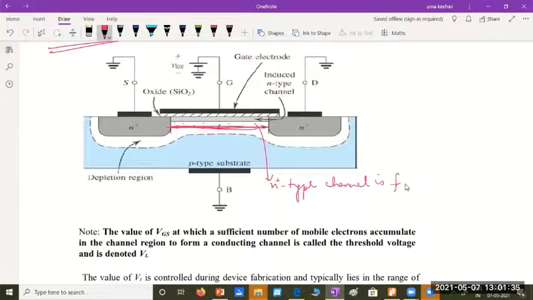When is it formed? When plus VGS is given. When we give a positive voltage between the gate and the source, or the gate is connected to a positive voltage, we will have a channel formed under the gate region connecting the source to the drain.